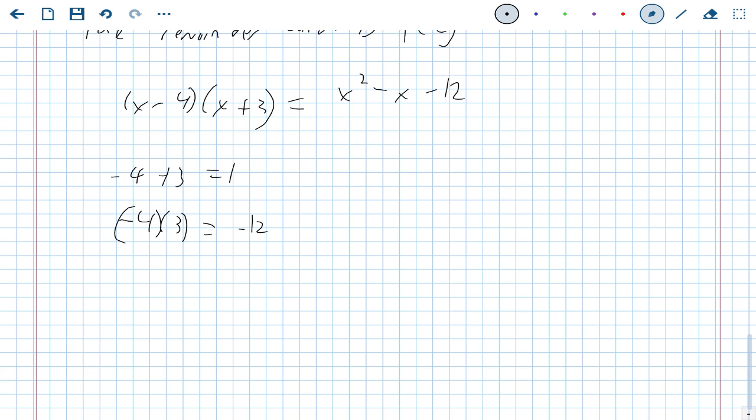Now, these are related by a formula which you can derive if you really want to. I can go through the derivation here. But essentially, you find that the sum is equal to minus b over a, which in this case is minus minus 1 over 1. And the product is equal to c over a, which is just minus 12 over 1.